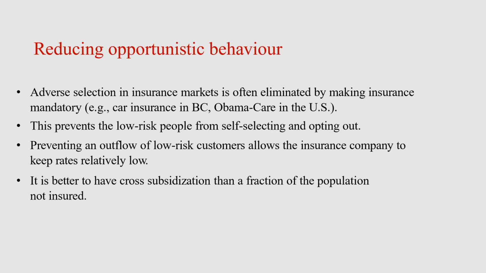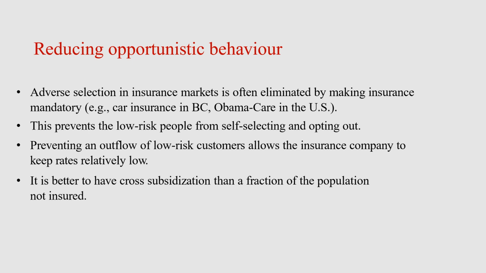How do we reduce opportunistic behavior? Adverse selection in insurance markets is often eliminated by making insurance mandatory. As I pointed out, car insurance in BC, Obamacare in the US. The case for car insurance is a little weaker given evidence from other provinces.